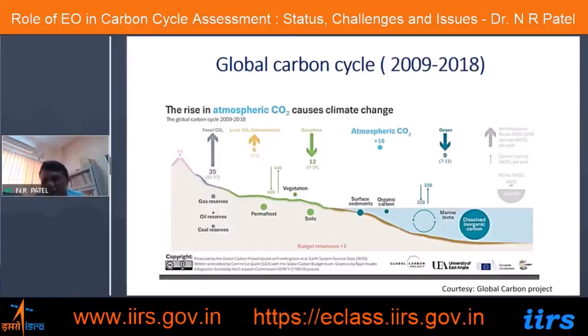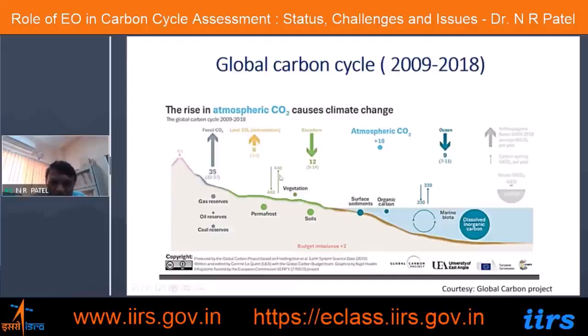Ocean, 9 gigaton carbon is absorbed. So here what I want to say is, 12, 6, 18 plus 9, that is 27.